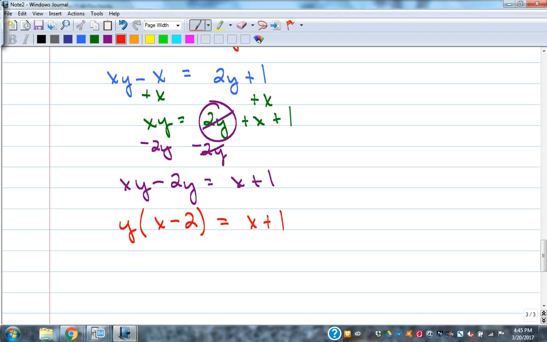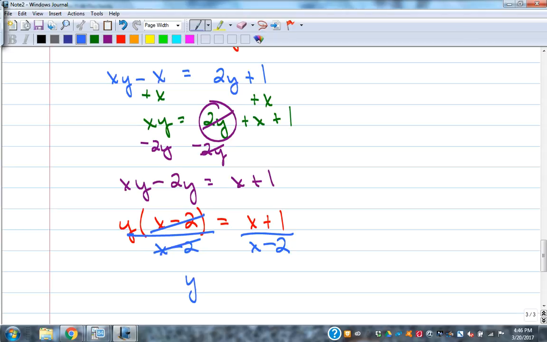Now, what's going on between the y and that parentheses? What operation do those parentheses indicate? Multiplication. The opposite of that would be division. I want to divide by the part that'll leave y by itself. What do I need to divide by? The stuff in parentheses.